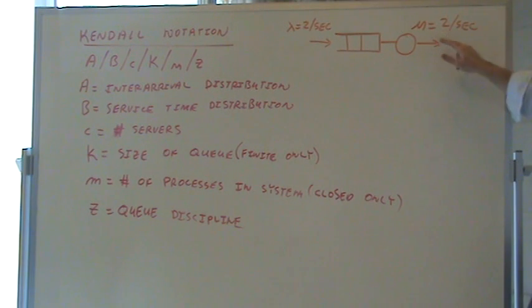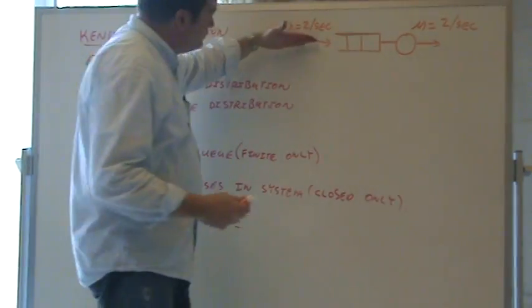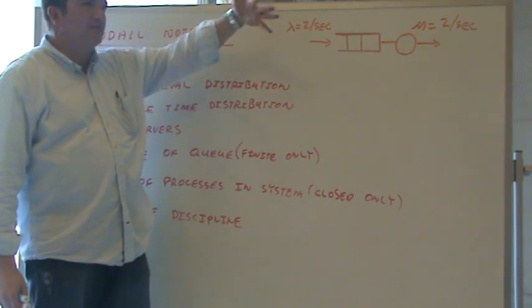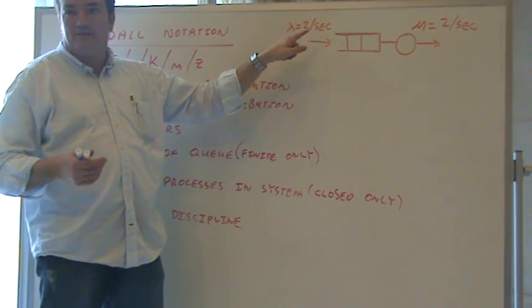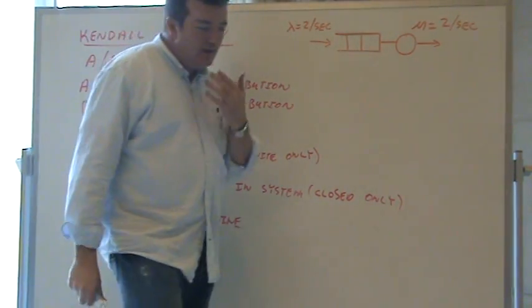So we can have a situation where some of the time it takes less than 0.5 second, some of the time it takes more than 0.5 second, but on average it takes 0.5 second. We can have a situation where the arrivals are coming in, maybe three of them arrive at once, and then for the next couple of seconds nothing happens, but it averages two per second. All we're saying here is that there's an average of two per second.